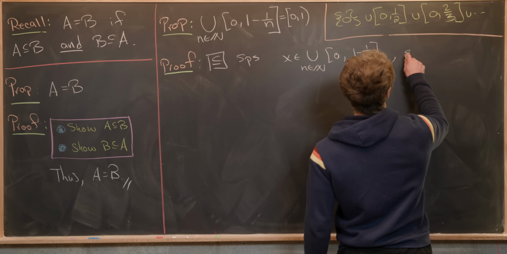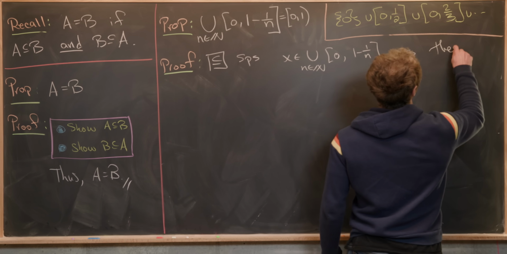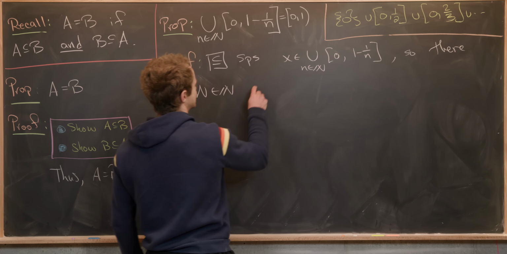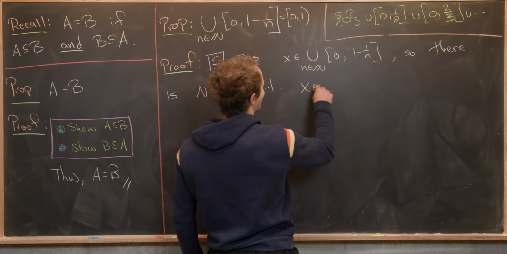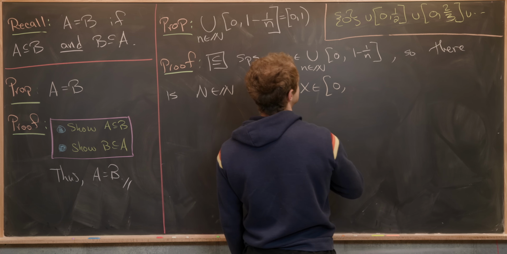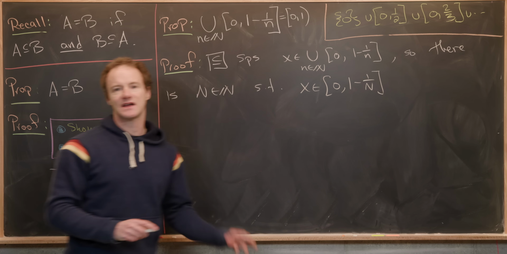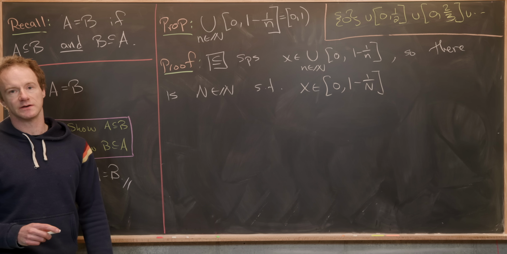So let's write that down. So there is some capital N, which is a natural number, such that x is an element of [0, 1 minus 1 over capital N]. So like I said, that's by the definition of the union.